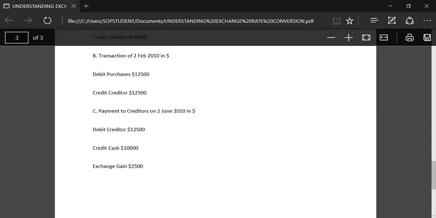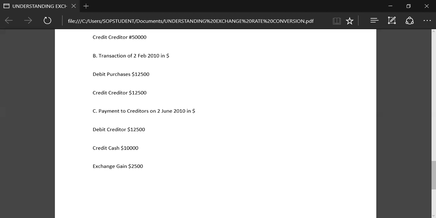creditors 12,500, which is what they are expecting, to balance off what we owe them. But in the real sense, what we actually paid is $10,000 due to the current exchange rate. So it means that we had a translation gain or an exchange gain of $2,500.